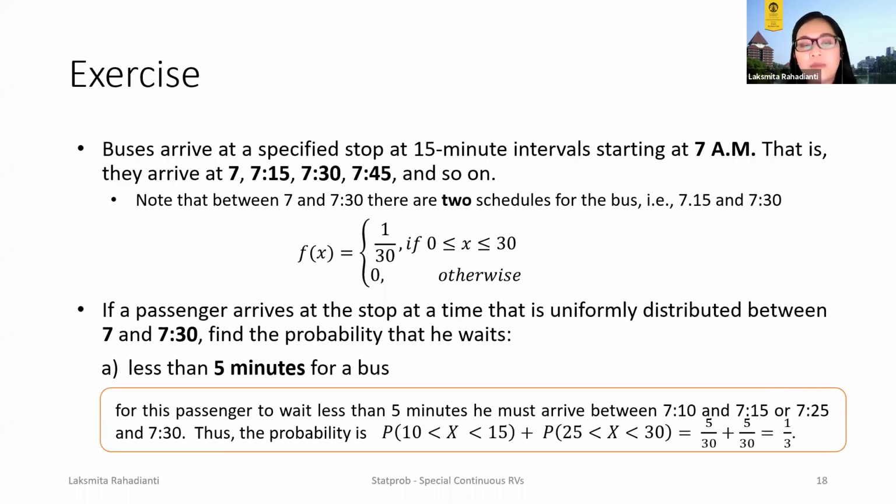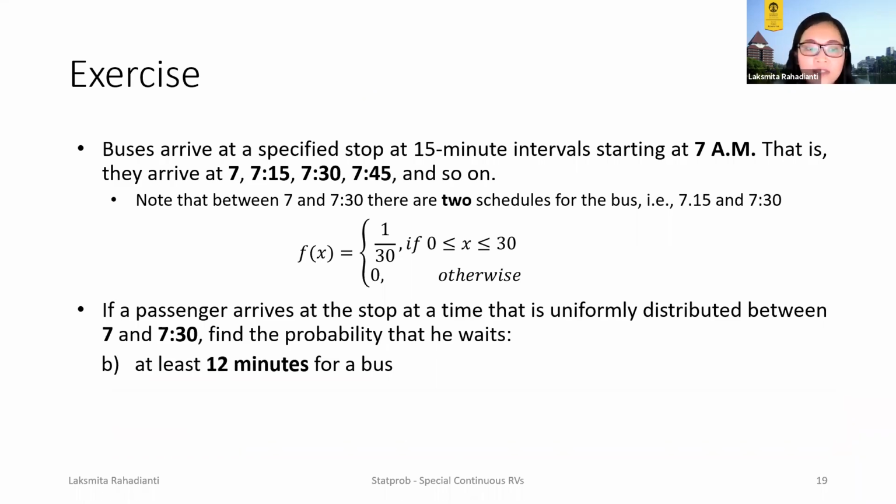Thus, the probability is as follows. Following the same logic, now I want to compute the probability that this guy has to wait at least 12 minutes. When I say at least, not less than, that means he waits at least that long, right?